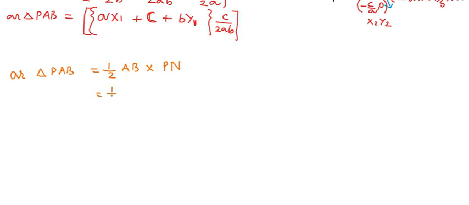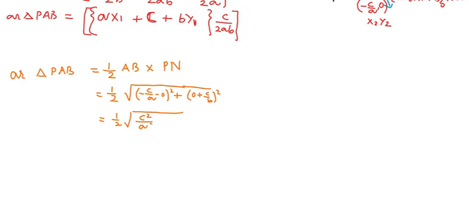That is half AB. With the help of the distance formula, we can calculate the distance between A and B, that is under root (minus C by A minus 0) whole square plus (0 plus C by B) whole square, that is 1/2 under root C square upon A square plus C square upon B square.